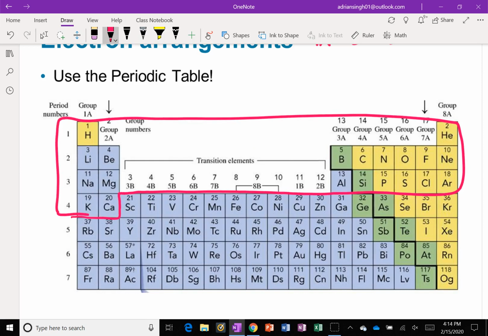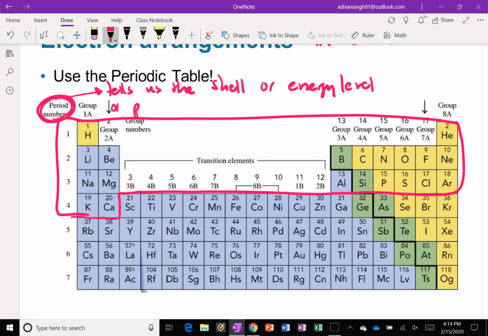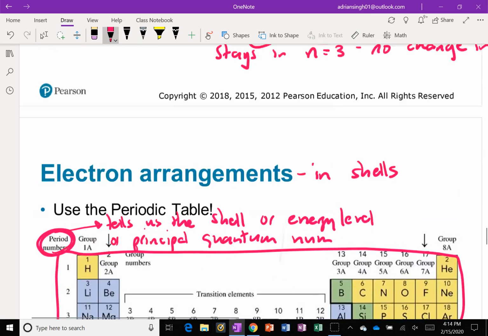And the first thing to note is that the period number actually tells us the shell. And again, the shell is just the same as the energy level or the principal quantum number. Or the principal energy level, I'm sorry.